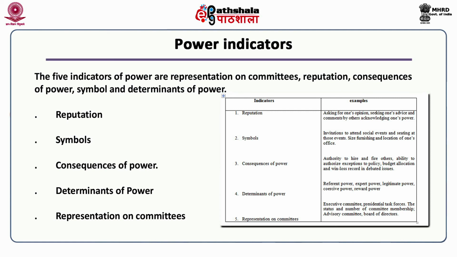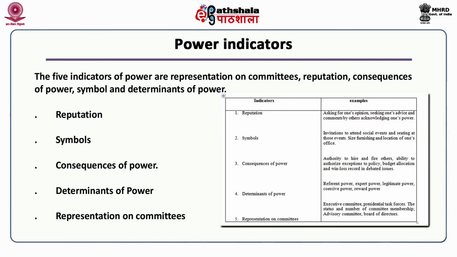Fifth one, representation on committees. This is the last way of assessing power. Individuals have the greatest power for their department who are invited to significant administrative councils for participation, like participation of engineers in quality circles or the participation of accountants in meetings of the executive committee.